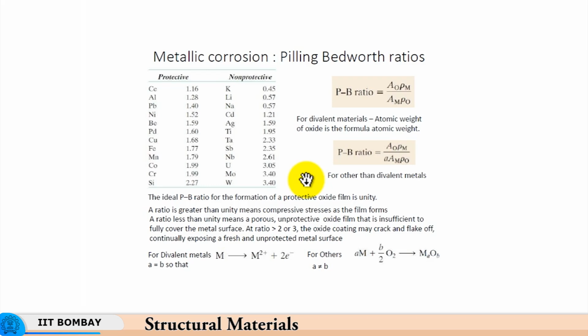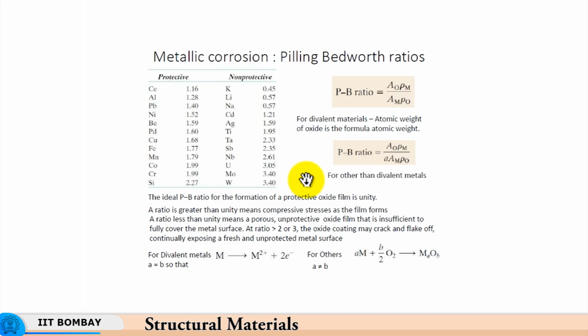For all others, where the proportion of metal and oxygen, A and B, is not the same, so A and B is not equal to 1, then you have M_aO_b as the formula. For example, Fe2O3. So, you have 2 Fe plus 3 by 2 O2 giving Fe2O3.